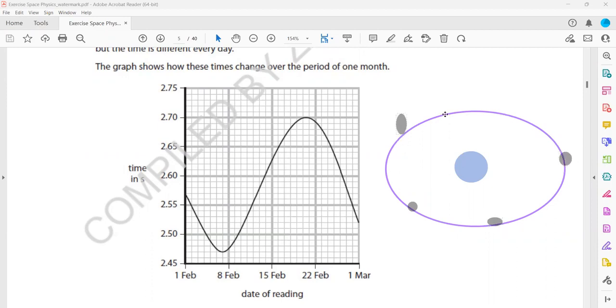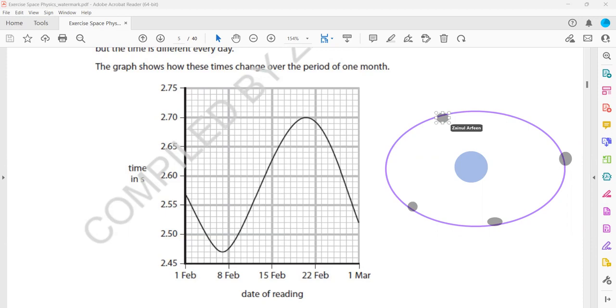When it is away from us, the light takes longer to bounce back. So this cycle shows that the orbit of the moon is slightly elliptical. That is one point. The second thing is the cycle of the moon is taking about 26.5 or 27 days.